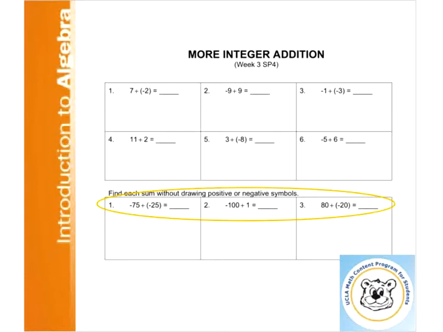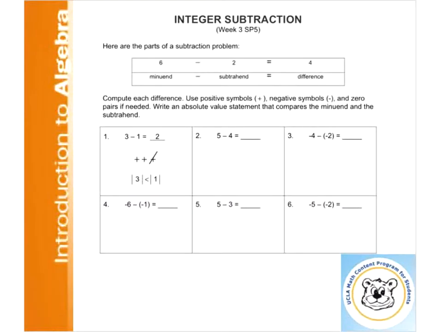Again, they have to think back to some of those rules that we generalized in the previous pages and be able to apply them to larger numbers. Okay. Do you have any questions about integer addition? Okay. All right, then let's go ahead and move on to subtraction of integers.